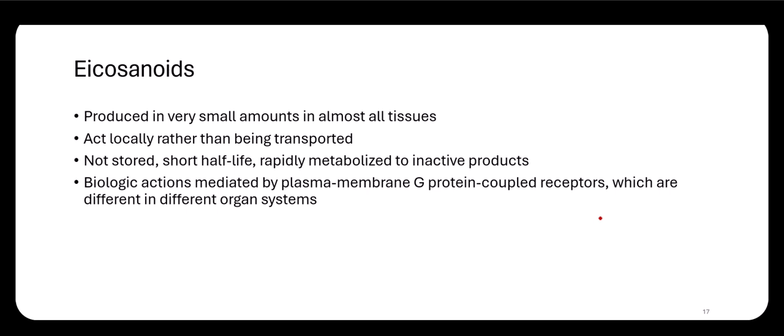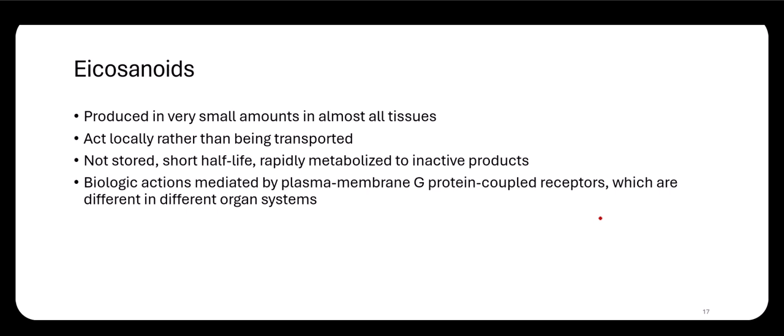They're made in very small amounts everywhere. When we get into hormones more, you probably noticed we're talking about we're making it here, we're sending it there, kind of thing. And that's a story you hear with hormones. We make it here, we store it there, we use it somewhere else. We make these guys in really small amounts in almost all tissues. They act where they are made. We're not making them someplace and sending them someplace.